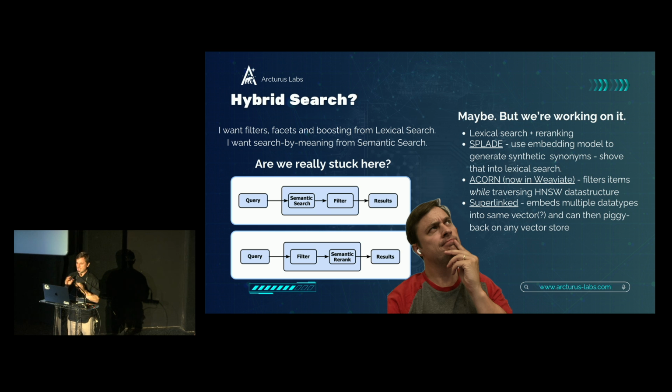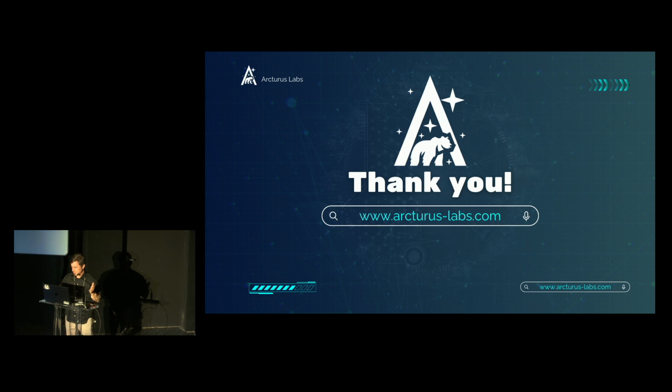Not quite sure how it works, how well it scales. If your embedding vector is fixed at 1,500 some odd, then does it really make sense to shim like 10 fields into that same address space? I don't know. A lot of questions about that one, but there are at least things happening.